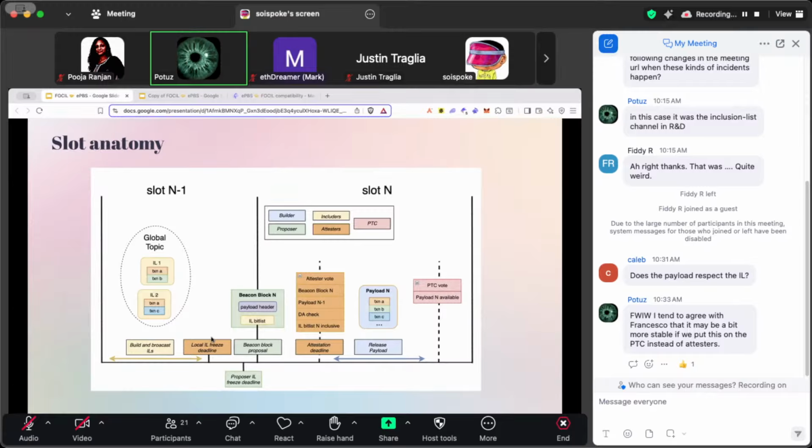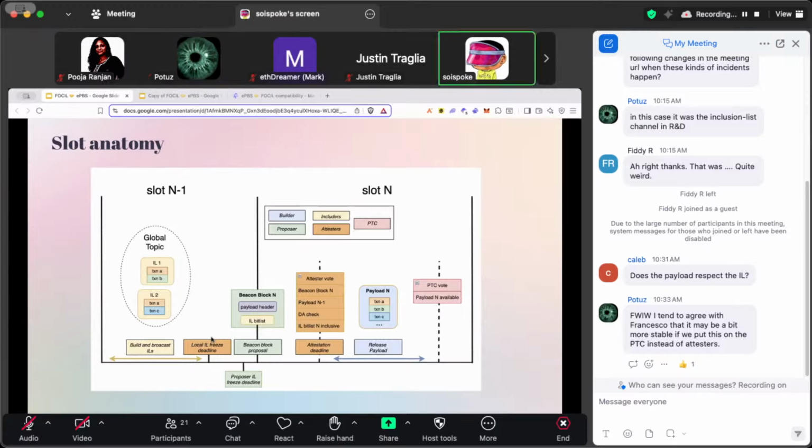The problem that I see on tight deadlines, especially if we go to shorter slots, is that the builder for the next slot needs to build the payload before the start of the next slot. So the start of that build process needs to happen before second zero.